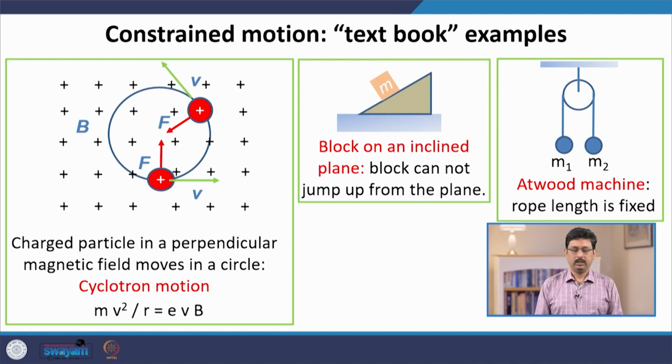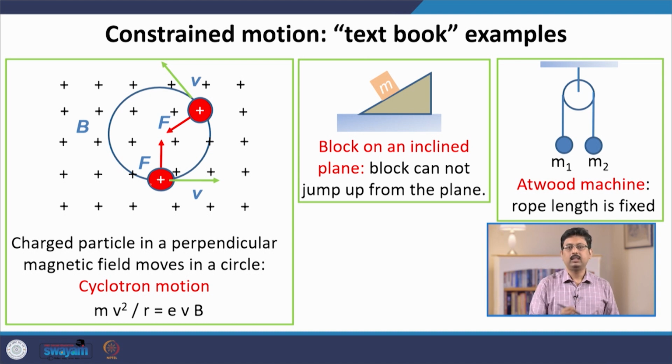Now, I just wanted to remind you that constraint motion is nothing very new. We took some examples from real life, but these are also familiar to you. For example, in textbooks you often have situations where a particle is moving in a circle, some particular curve, such as in this picture where a charged particle is entering a region where there is a perpendicular magnetic field.